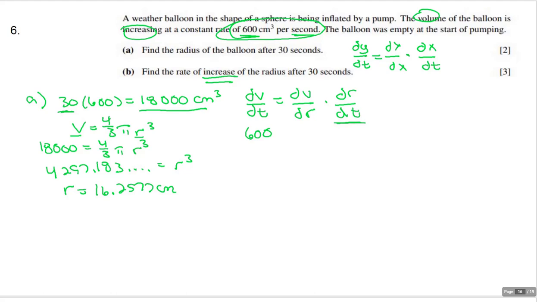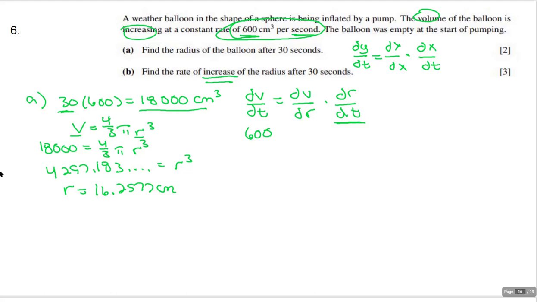Now, to do that, I need to get this dv over dr. That's the derivative, right? So what I'm going to do is find the derivative of, let's write this down here. Okay, so I've got my volume formula again, right?